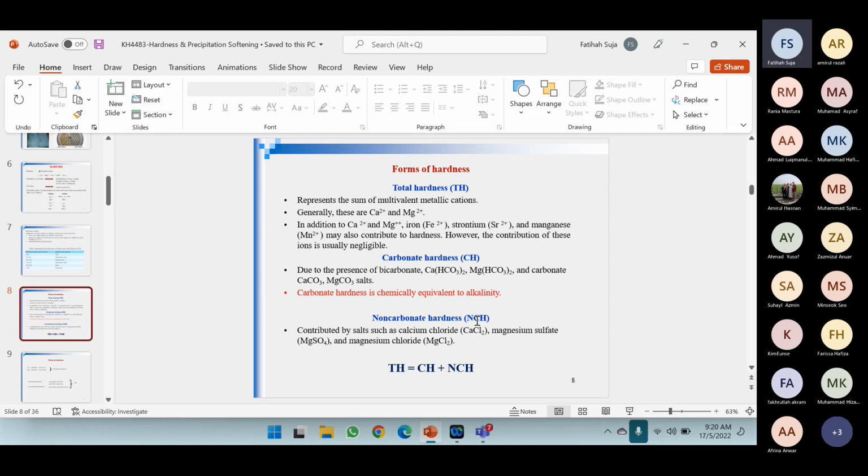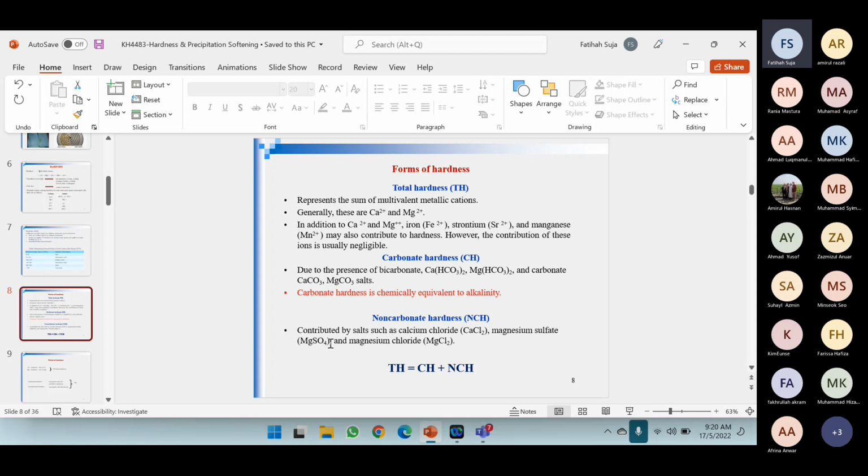For any type of treatment, you need to maintain the unit to be stable. For a biological system, it's very difficult if you don't have this alkalinity. If your system is not stable, the removal of what you want to remove will not work efficiently. So this is carbonate hardness, which is equivalent to alkalinity.